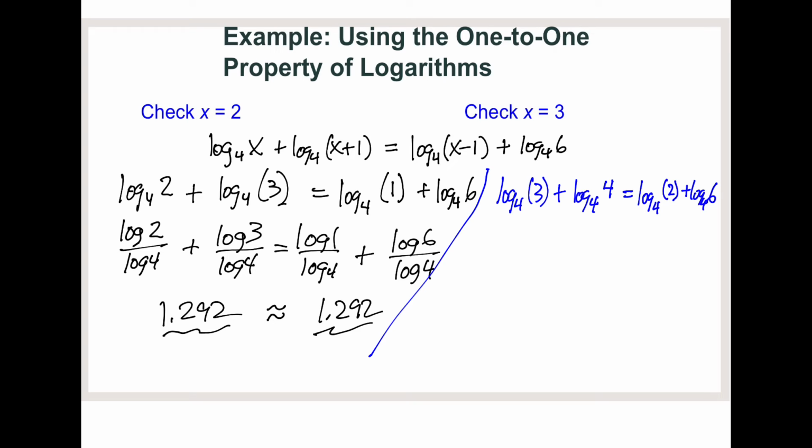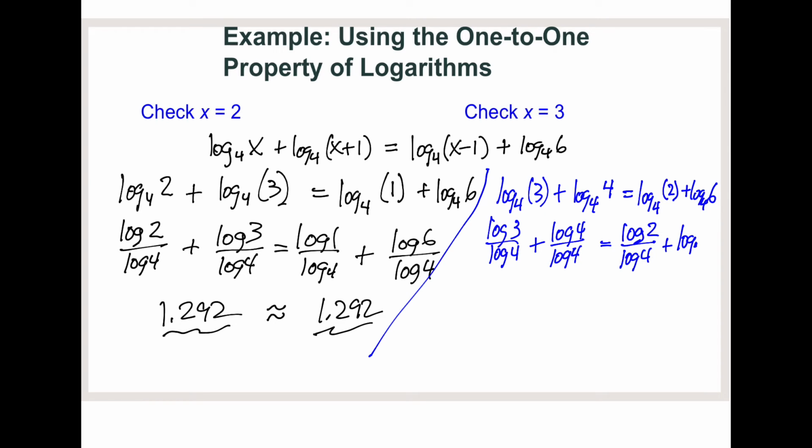And we're working these out then. This would be log of 3 over log of 4 plus log of 4 over log of 4. And I'm just going to use the same stuff that I had because it's basically the same setup. You know, everything's divided by the log of 4.